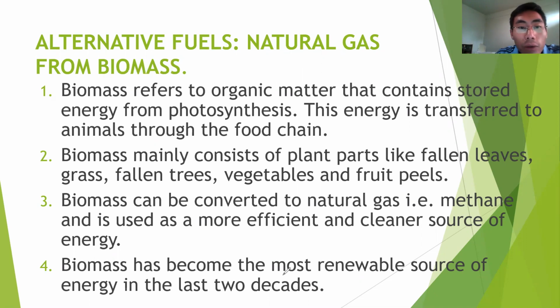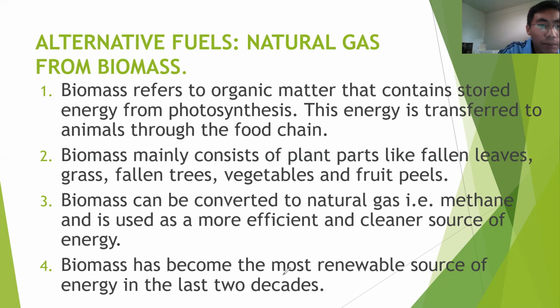Okay, now glucose is the form of energy, right? Now when plants are eaten by some other animals, the energy is being transferred. Okay, see here, the energy is transferred to animals through the food chain.